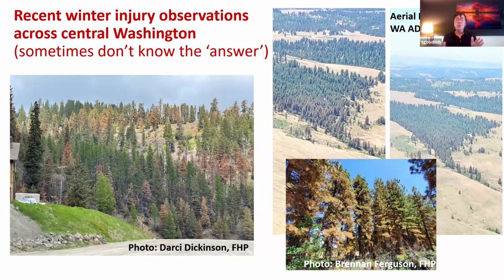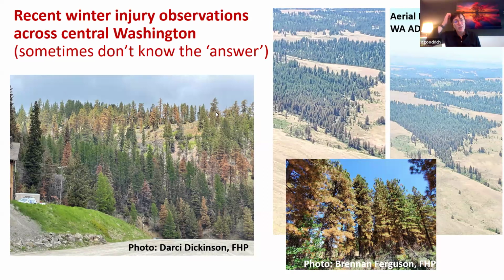Okay, while we were talking about this winter desiccation, I just wanted to show you some photos. And this is one of those cases where sometimes we just don't know the answer. There were a lot of reports in the spring of 2023, so not this spring, but last spring, about large swaths of trees with this burned foliage, not burned in the sense of fire consumed, but necrotic and looking scorched, and it was multiple tree species like you see here.